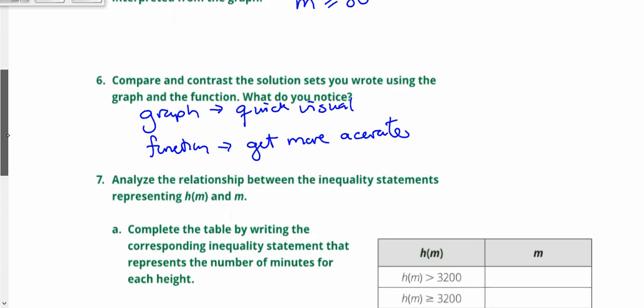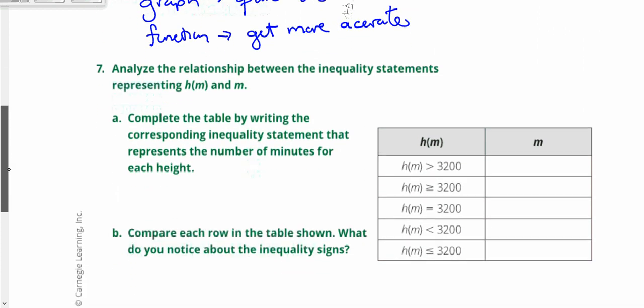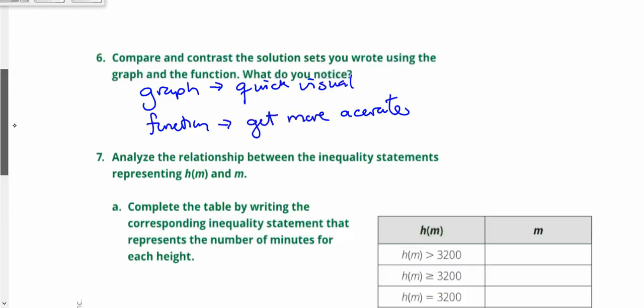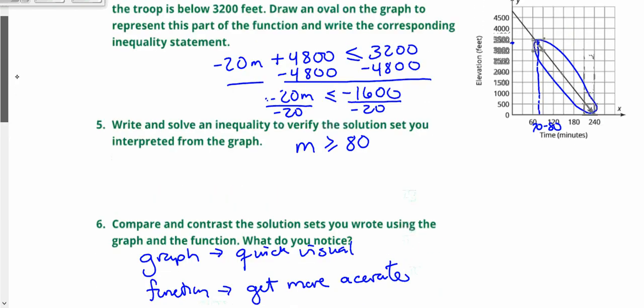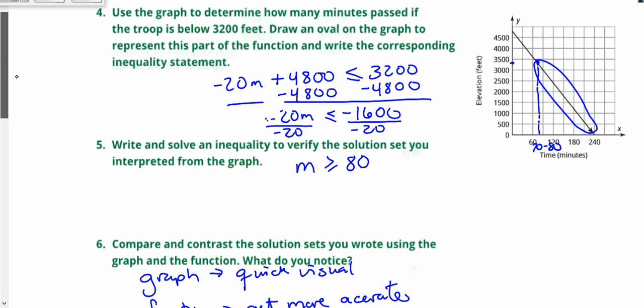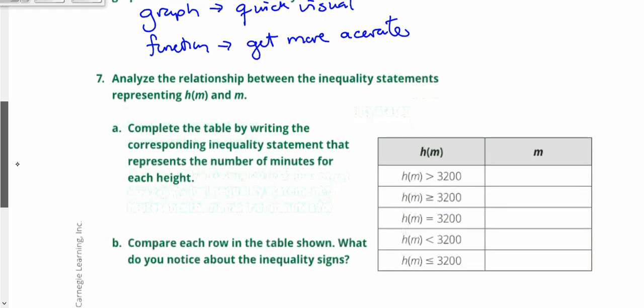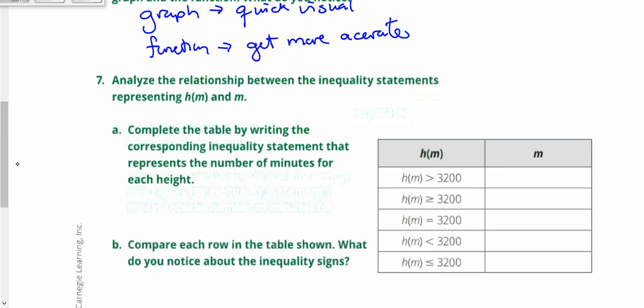All right, then they're asking us to complete the table. Again, we know that at 3,200 feet, it's 80 minutes. So when h of m is equal to 3,200, then m is equal to 80.